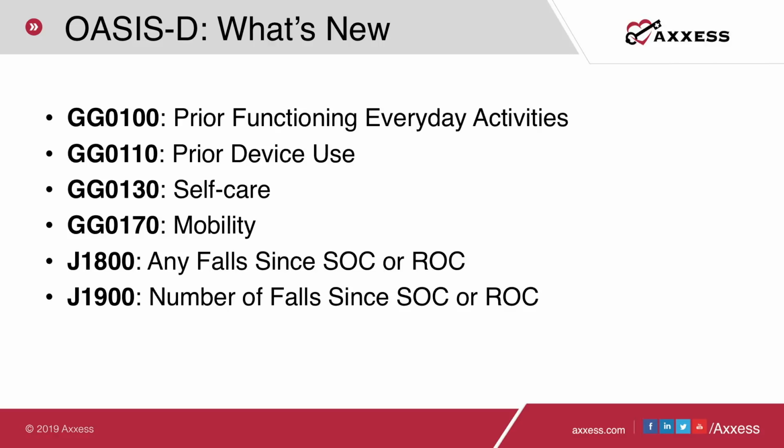It takes up 2 to 3 pages in the Oasis if you're looking at a printed paper copy. It's a very extensive question. And then we have J1800 that has us document any falls the patient has had since start of care or resumption of care. And then J1900 is the number of falls if they indeed have had any falls since start of care or resumption of care.